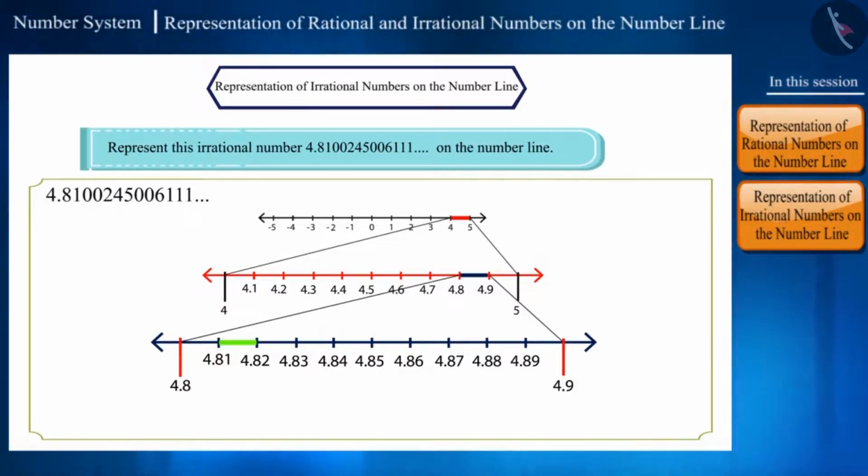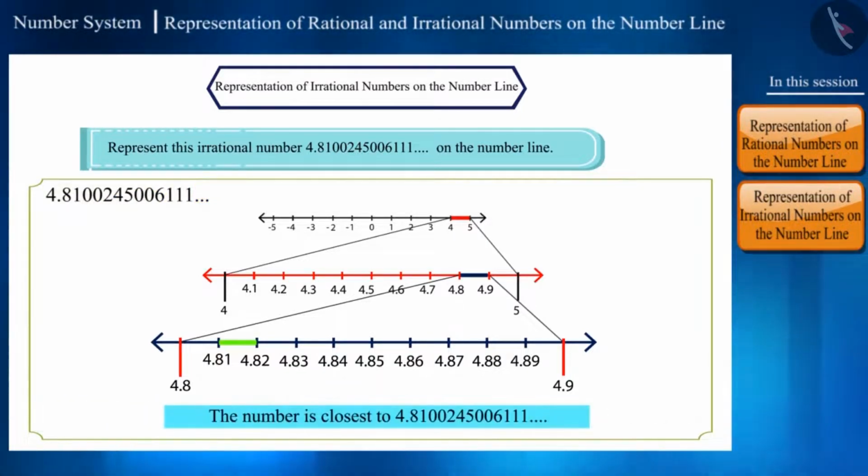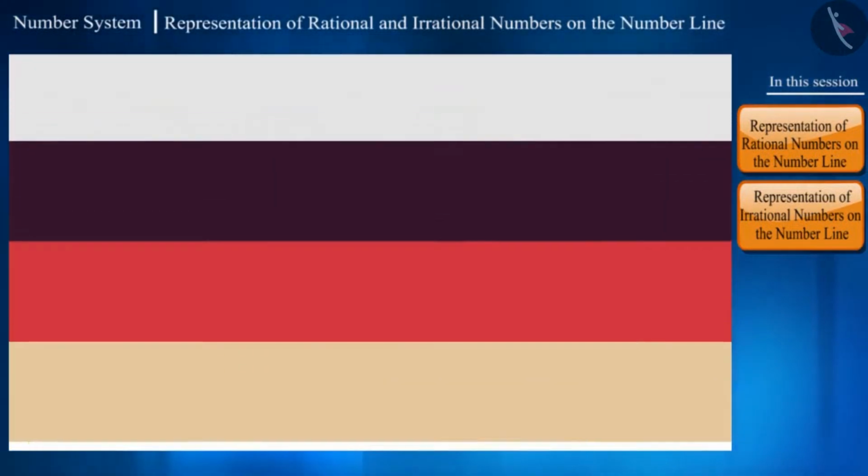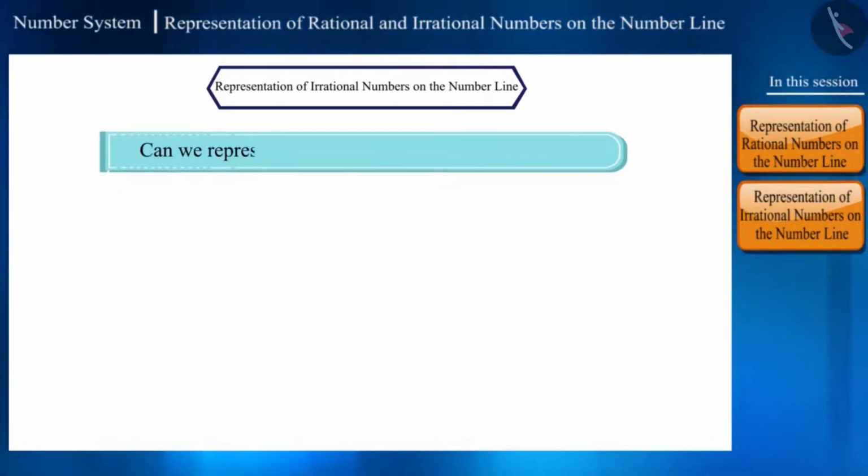Friends, here the numbers are non-terminating and non-repeating after the decimal. Hence, even here, we will not be able to precisely spot the number, but we can still come to its closest point. Friends, we will be able to represent irrational numbers on the number line without knowing their decimal expansion.